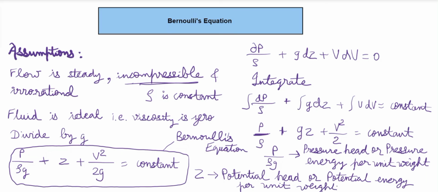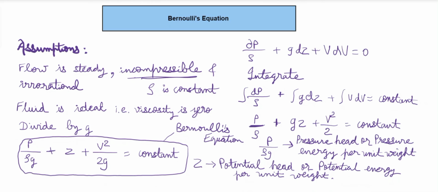And the third term, which is v square by 2g, we call it the kinetic energy per unit weight, or we can call it the kinetic head.